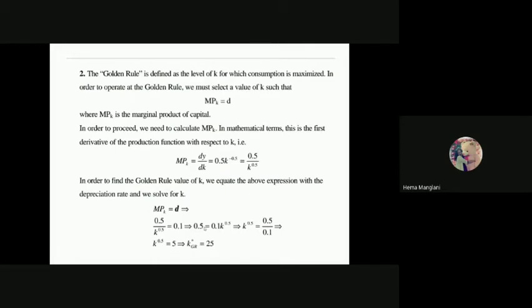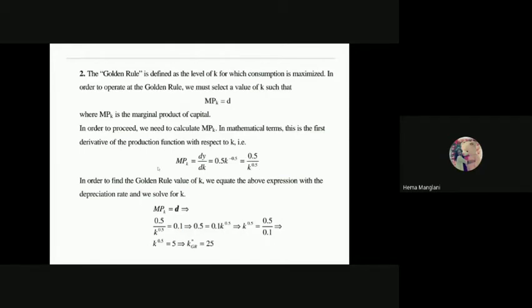And you all know what your y function is. Your y function is k to the power 0.5, which has been estimated over here. So if y is k to the power 0.5, then what will be the MPK? You have to differentiate this small y function with respect to small k. This gives us 0.5 k to the power minus 0.5, that is 0.5 divided by k to the power 0.5.